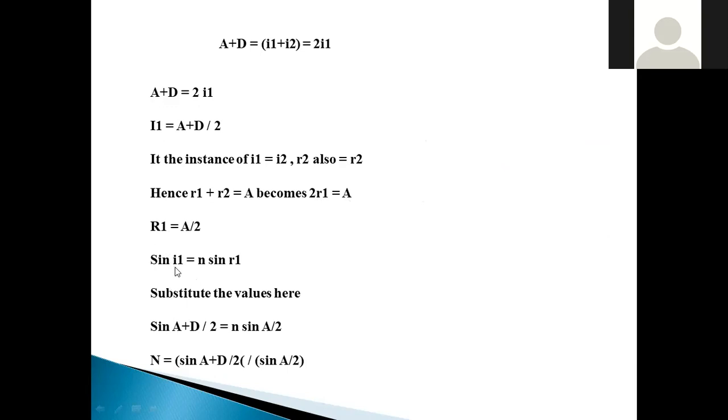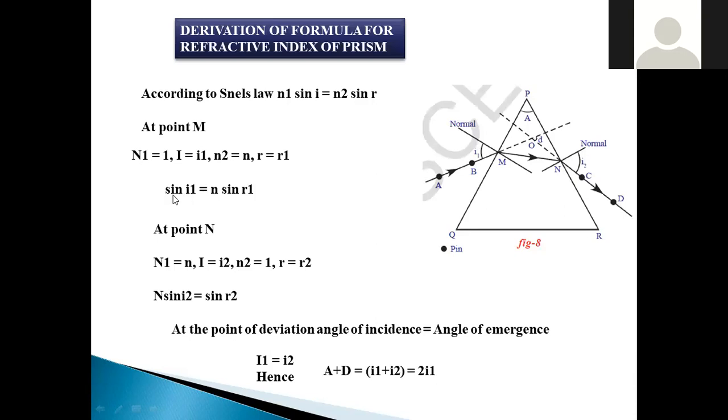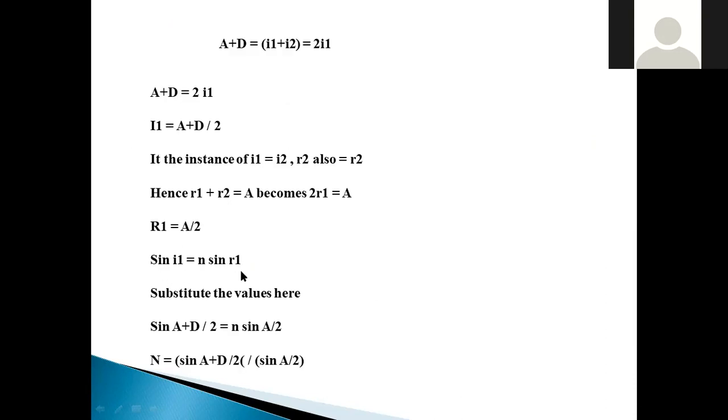Since sine I1 is equal to N sine R1, if we substitute the R1 value here, we get N sine A by 2, because R1 is nothing but A by 2.